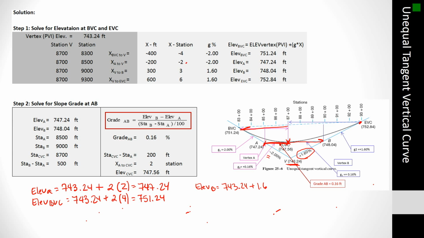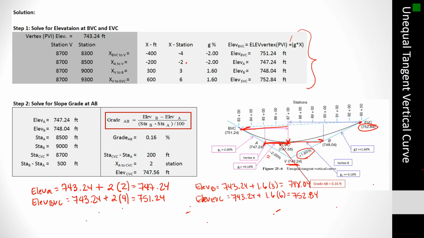That's going to be 300 feet, or 3 stations, which gives me 748.04 if I do the math. And the elevation at the EVC, the end of vertical curve, is 743.24 plus 1.6 times 6 stations, which is equal to 752.84. Okay, that's this elevation here. That's what I've done here.